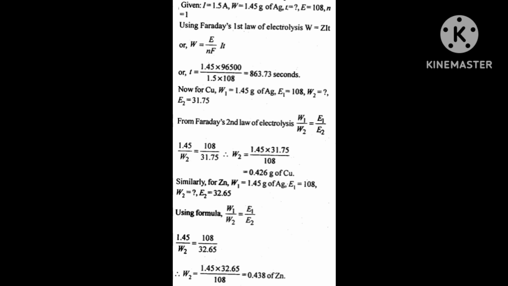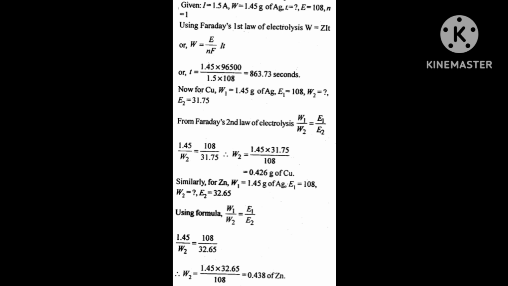And for this, what will be the voltage? 1.96 volt. Then here what you will find? For dilute sulfuric acid, listen here now, you are going to consider the concentration effect.